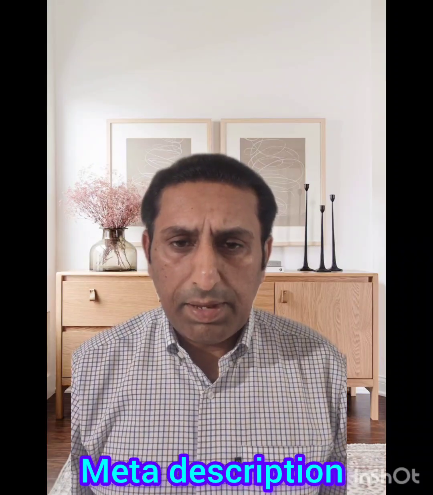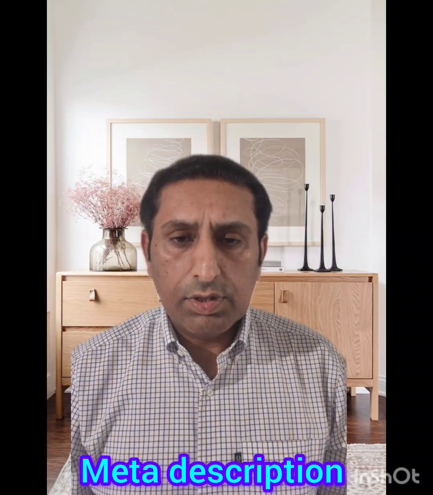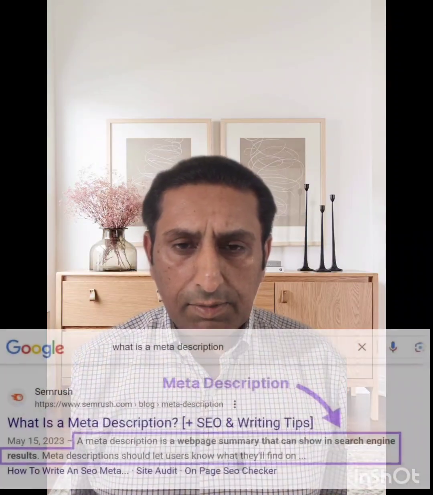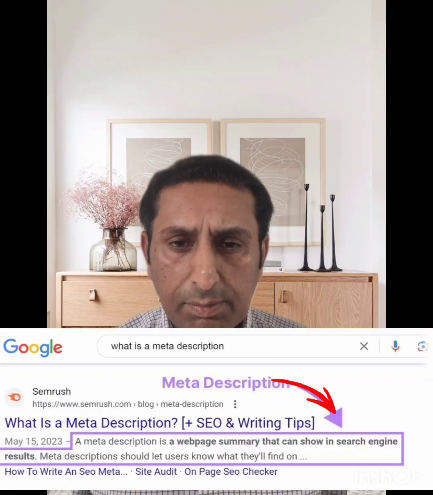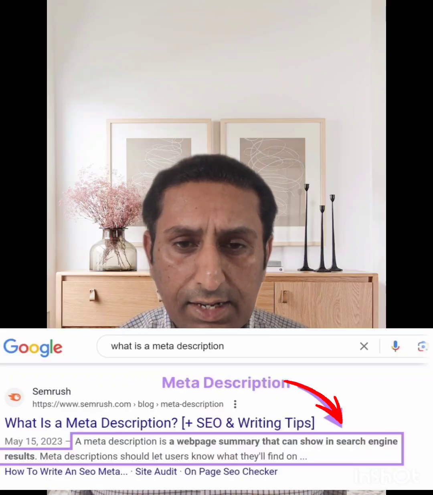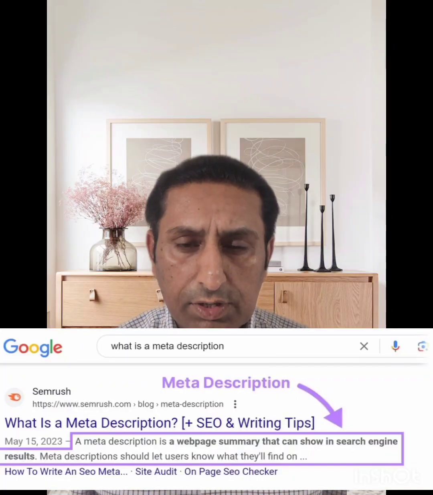It is the best opportunity for you to tell the user or the researcher what your content is about. It usually consists of 150 or 160 characters, where you can provide the summary like an ad, telling the user what your content is about. And this is the best place to engage with users and researchers.